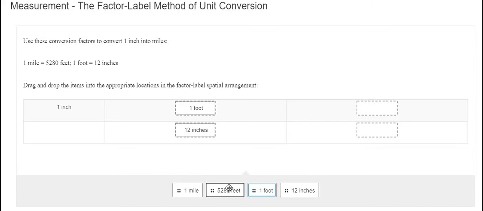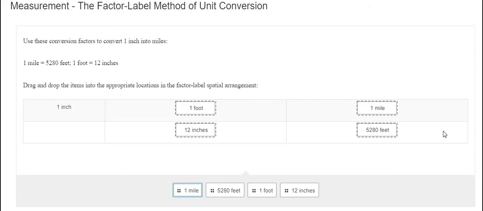And from our last problem, we know that there are 5,280 feet in 1 mile. And notice that I put the feet on the bottom so that the foot on the top here will cancel the feet on the bottom here. Foot and feet are actually the same unit. And so I make my conversion factor 1 mile over 5,280 feet so that they will convert like that.